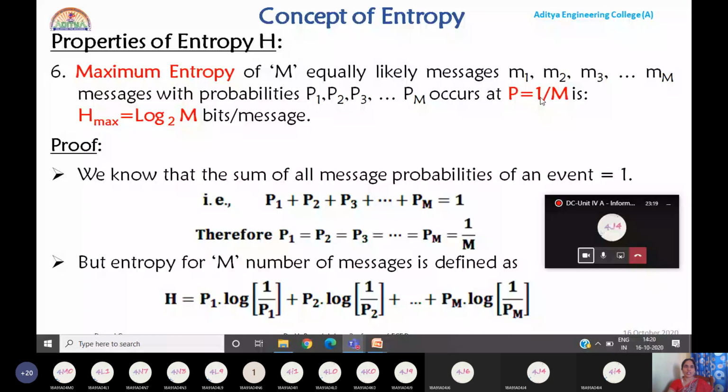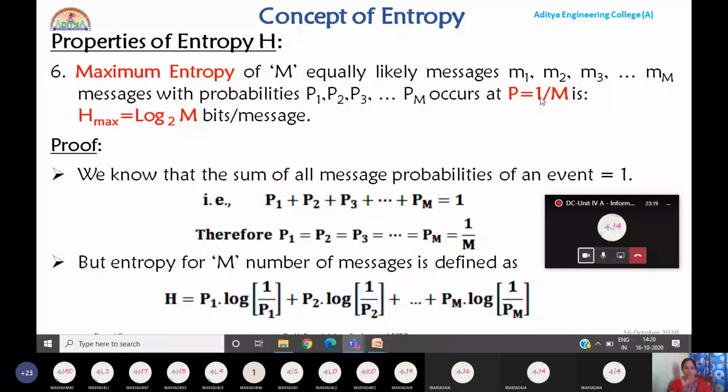So bits per message is the unit for Hmax. Please observe carefully: the maximum entropy of M equally likely messages M1, M2 up to MM with probabilities P1, P2 up to PM at P is equal to 1 by M is log M base 2 bits per message.